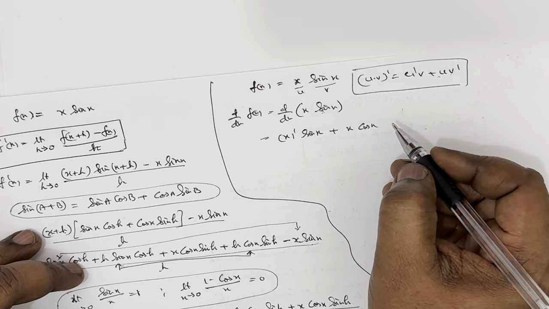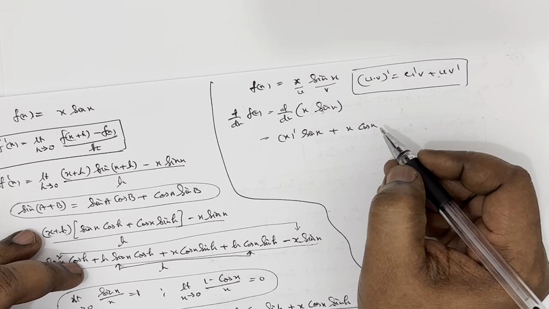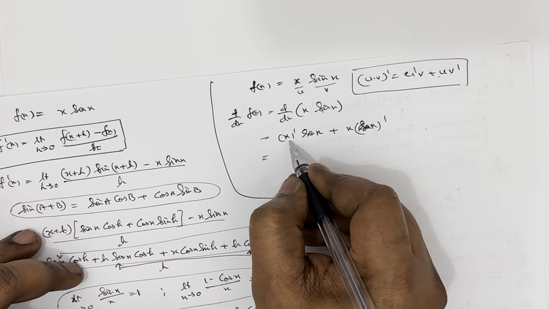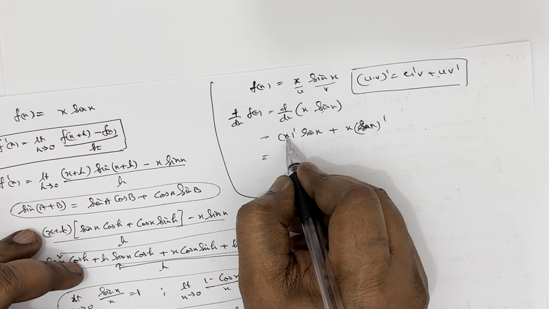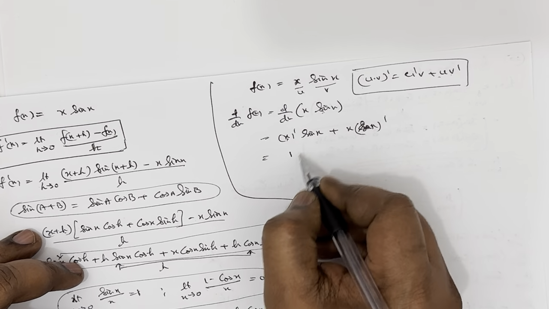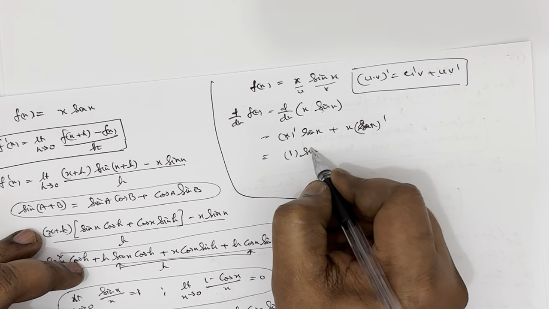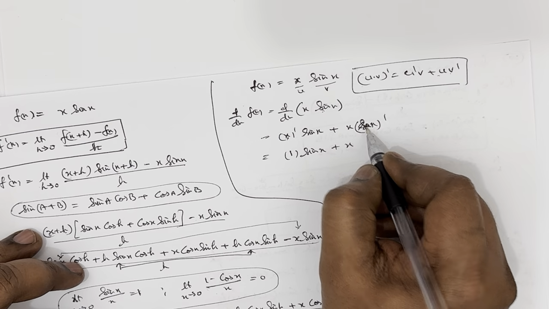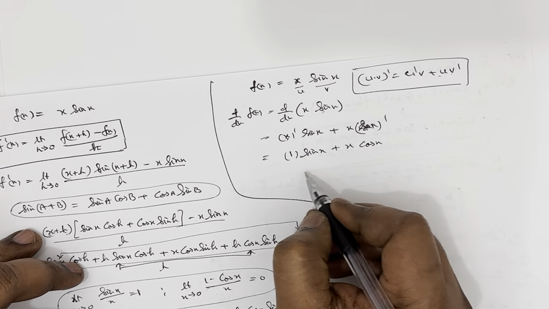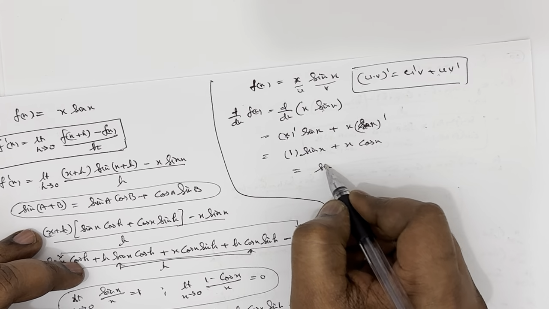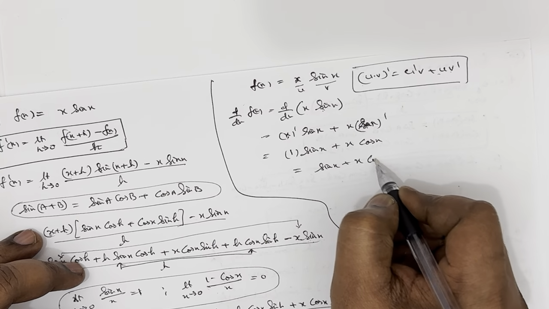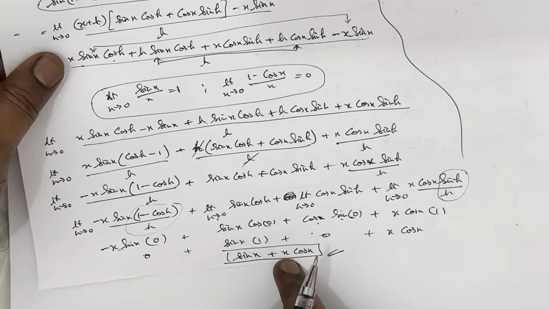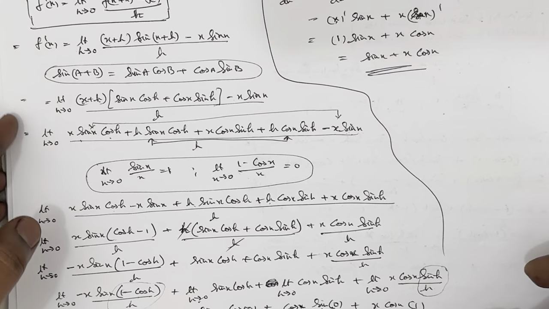We write (sin x) whole dash. So the derivative of x will be 1, multiplied by sin x, plus x, and the derivative of sin x is cos x. So we have sin x plus x cos x. That's it. The same thing. This is how we do it.